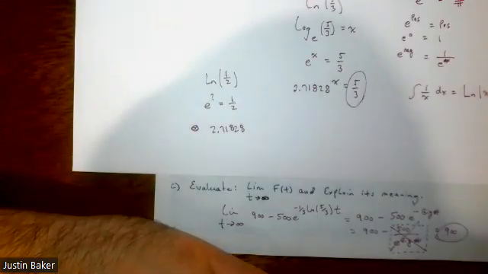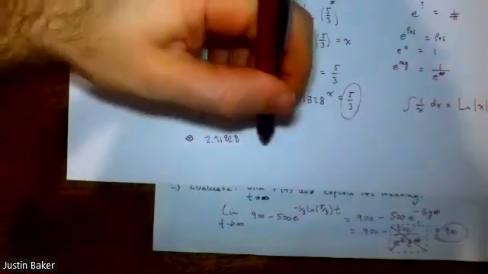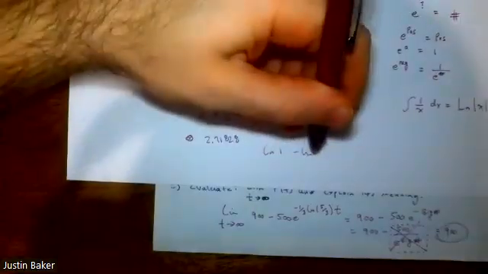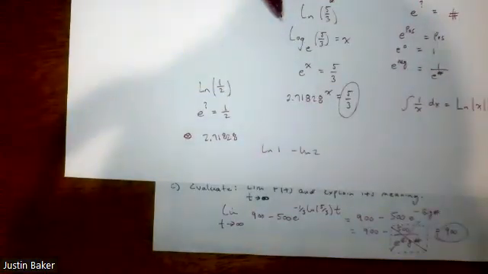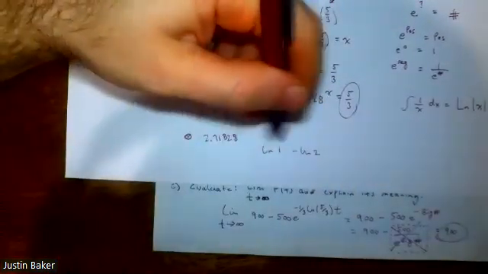Mr. Baker, if you rewrite it as ln of 1 minus ln of 2, doesn't it become negative? I'd have to think about that because I get what you're saying.